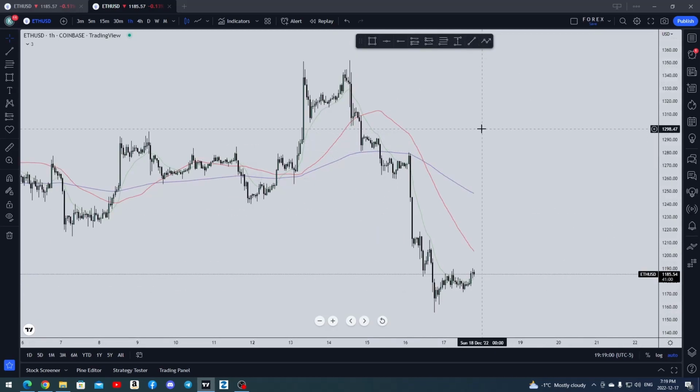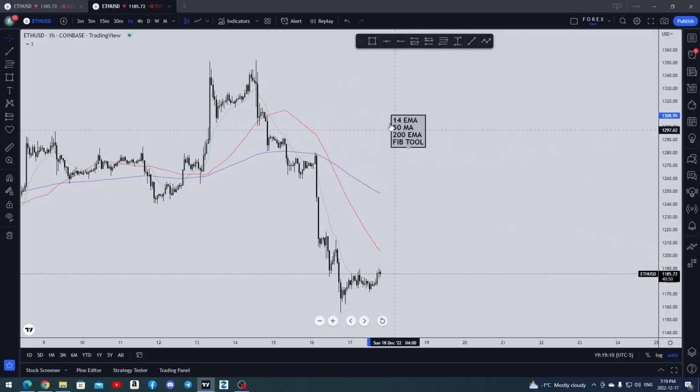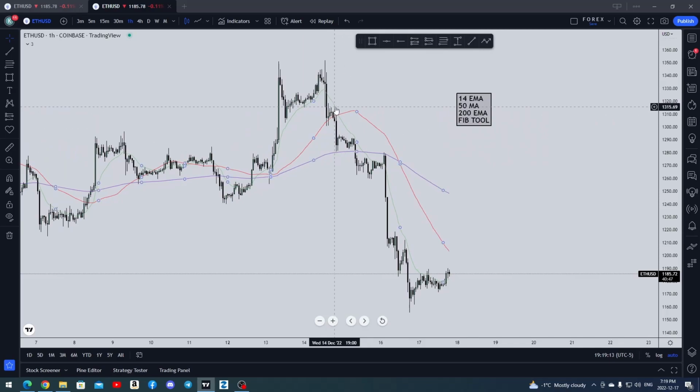Okay, so this is what your chart should look like after you've added those EMAs and the 50 EMA. You can change it to whatever colors you want. I just want to clarify that the green EMA is our 14 EMA, the red EMA is our 50 moving average, and the purple moving average is our 200 EMA.